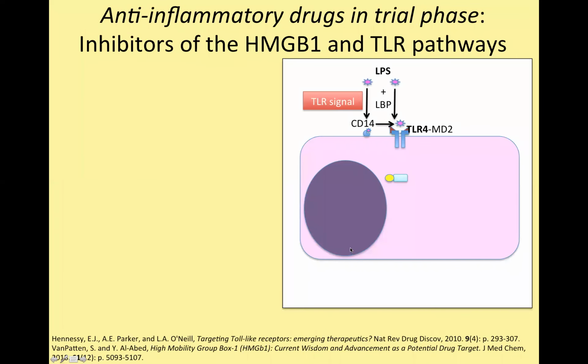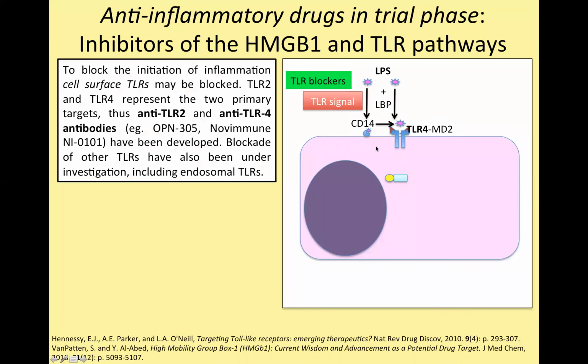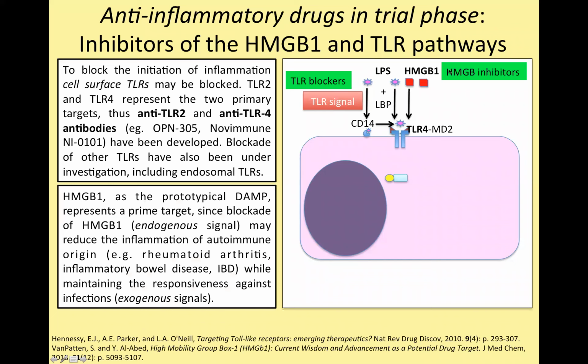So what else can we have? We do have TLR blockers, anti-TLR2 and TLR4 antibodies in trial phases. Hopefully they will be in practice rather soon and they will work against many things. We also have HMGB inhibitors under development, but actually they might not be better than the currently available drugs, which will also have some HMGB blocking activity.